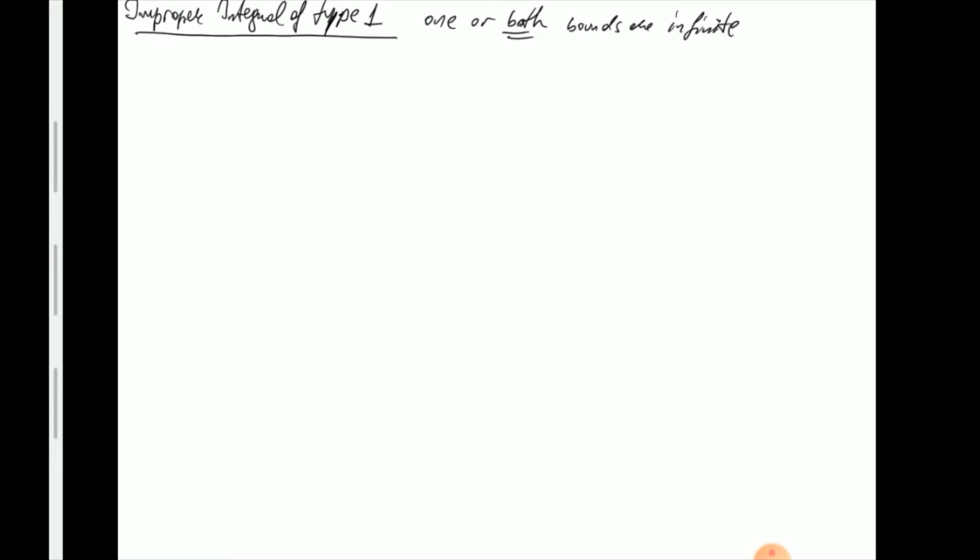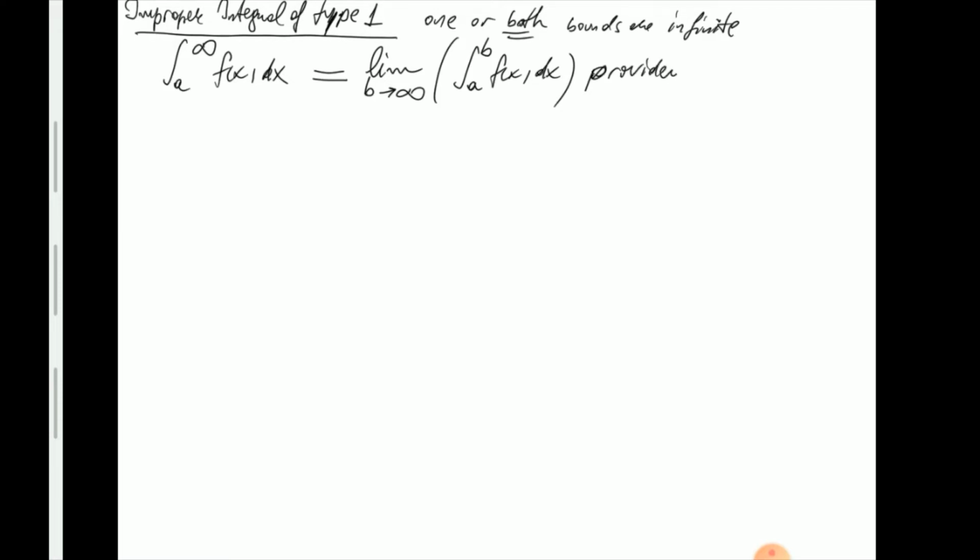So by definition, if you have the integral from a to infinity of a function, this is equal to the limit as b goes to infinity of the integral from a to b of f of x dx, provided this limit exists.